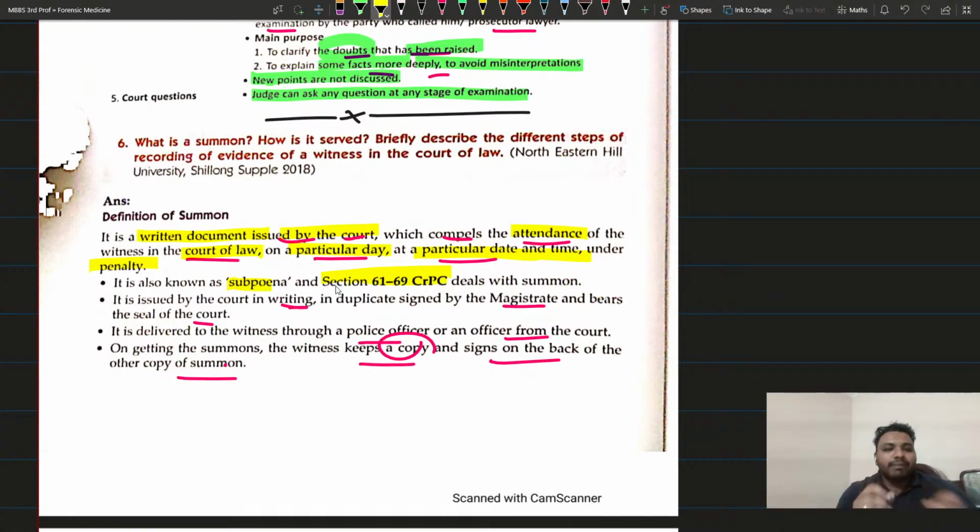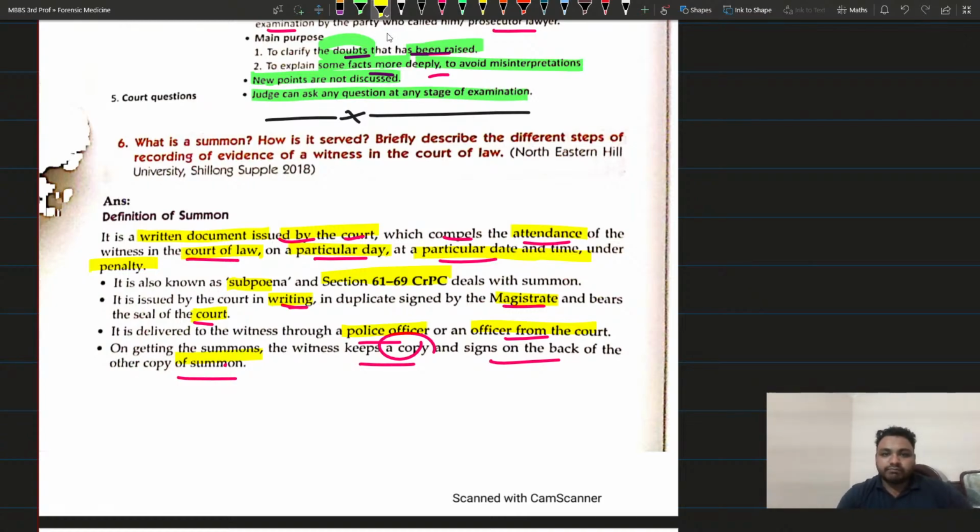But let's see. It is issued by the court in writing. It is in duplicate, signed by the magistrate, and bears the seal of the court. It is delivered to the witness by a police officer or an officer from the court. On getting the summons, the witness keeps one copy and signs and sends back the other copy.